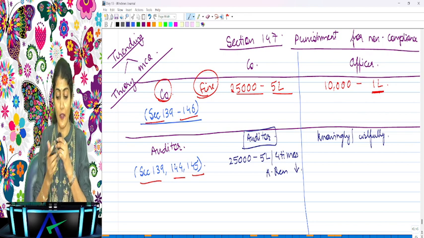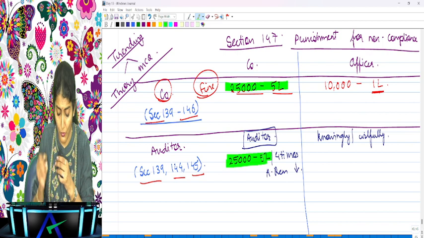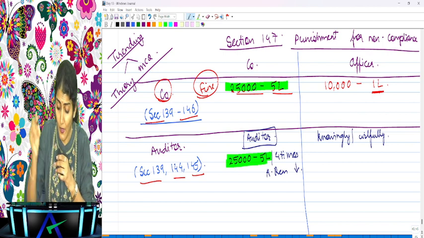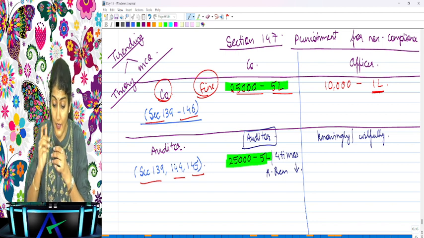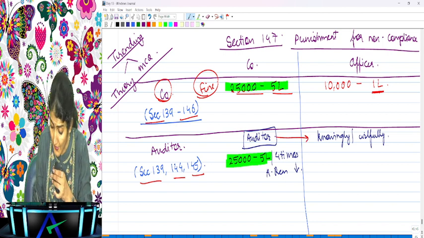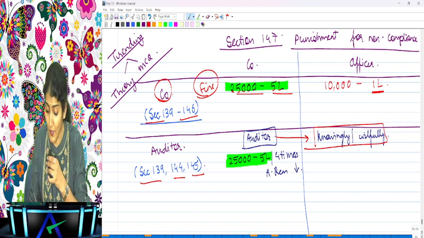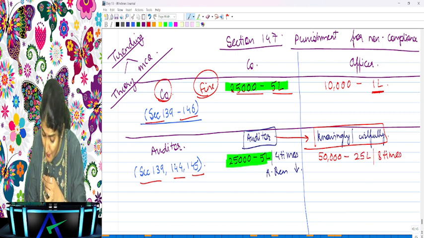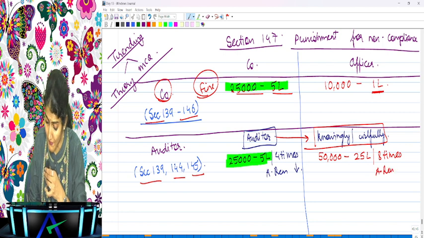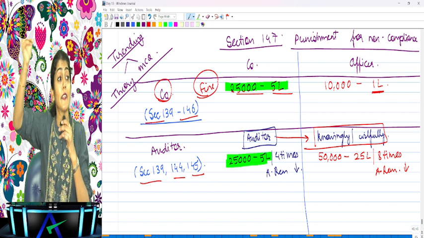So 25,000, same as the company, 25,000 to 5 lakh. But what is the addition over there? Or 4 times the remuneration of the auditor, whichever is less. And if the auditor has knowingly, willfully not complied with the requirements of this section, then what does it say? 50,000, which may extend up to 25 lakh or 8 times the remuneration of the auditor, whichever is less. That means if your audit fee is 1 crore, up to 8 crore.